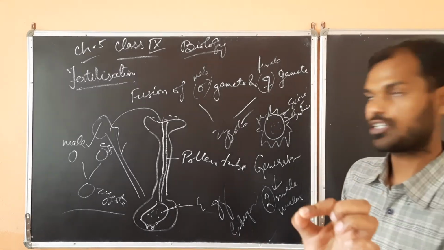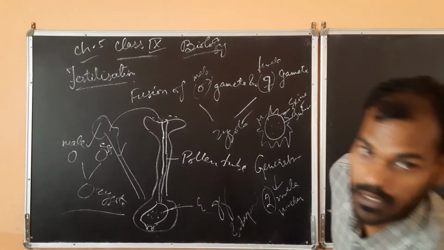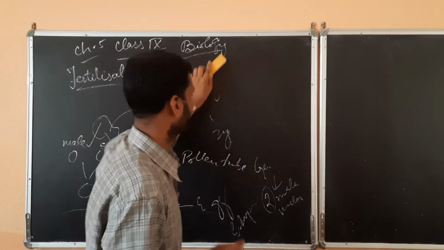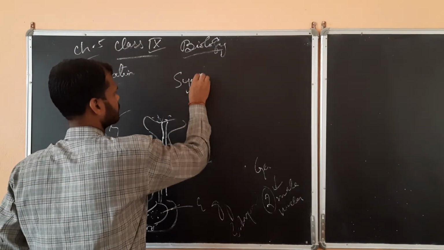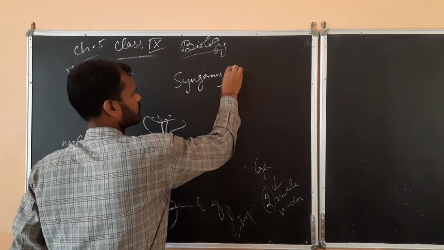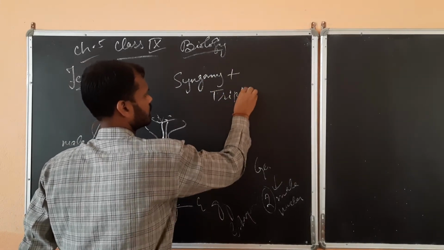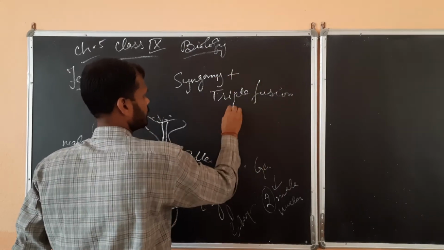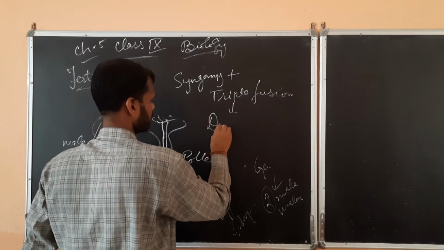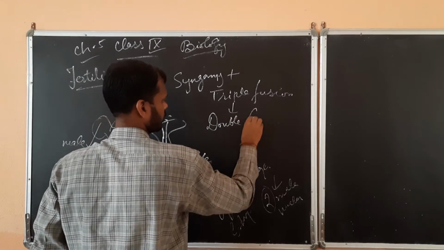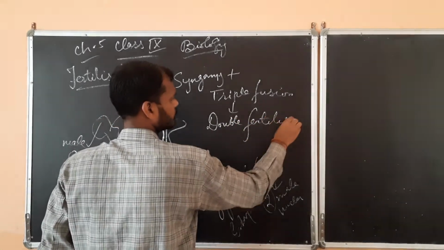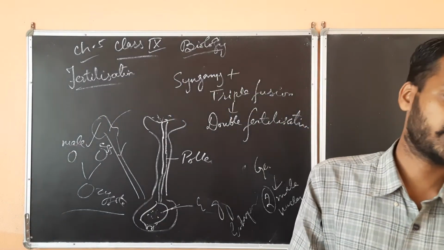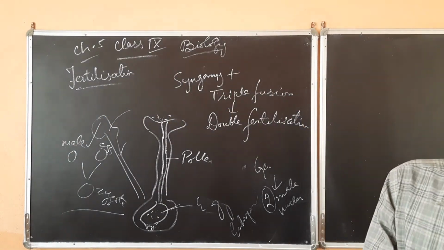So syngamy plus triple fusion is called double fertilization.